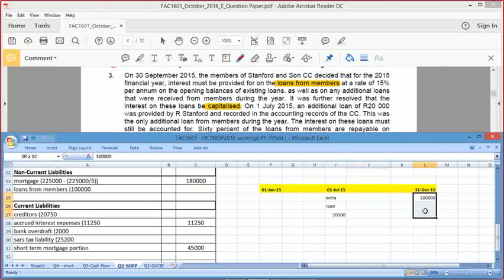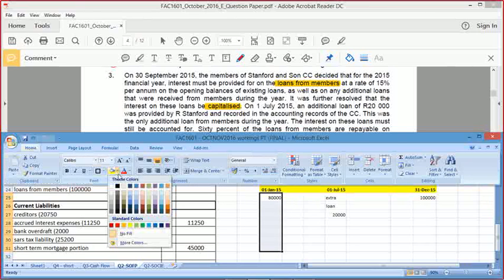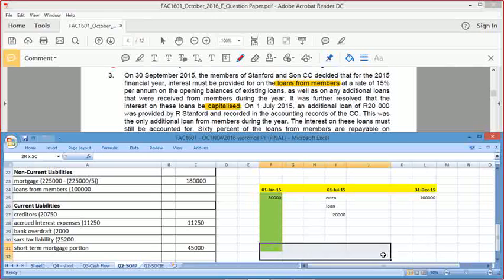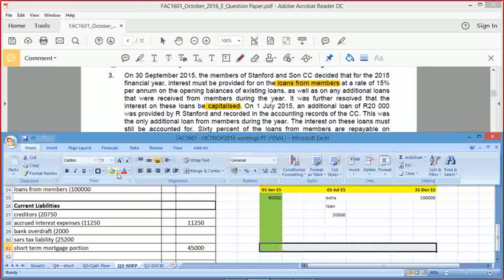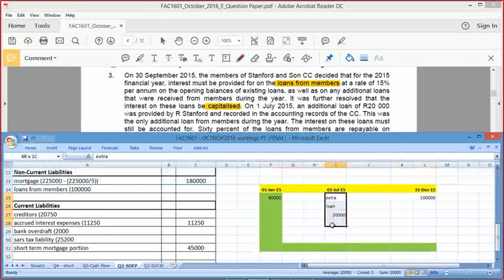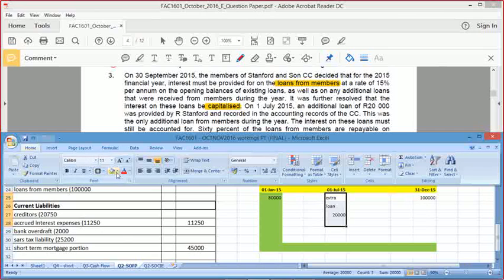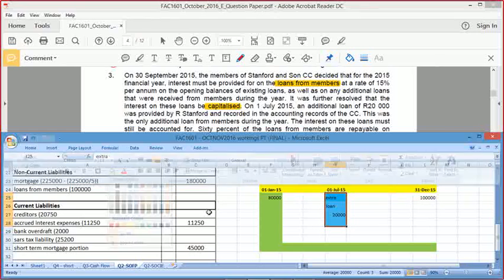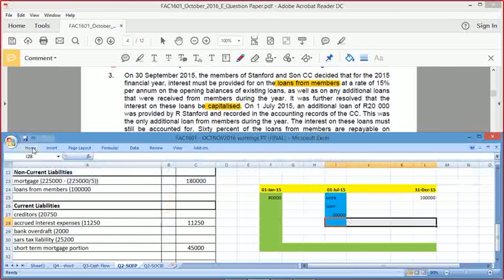If you had 100 at the end and you got 20 during the year, what did you start with? 80. Exactly. Now we need to work out the interest. Did you hold this 80,000 for the full year? Yes. Would you pay interest on it for the full year? Yes. Did you hold the 20,000 loan for the full year? No. So would you pay interest on it? For 6 months, only half the year.